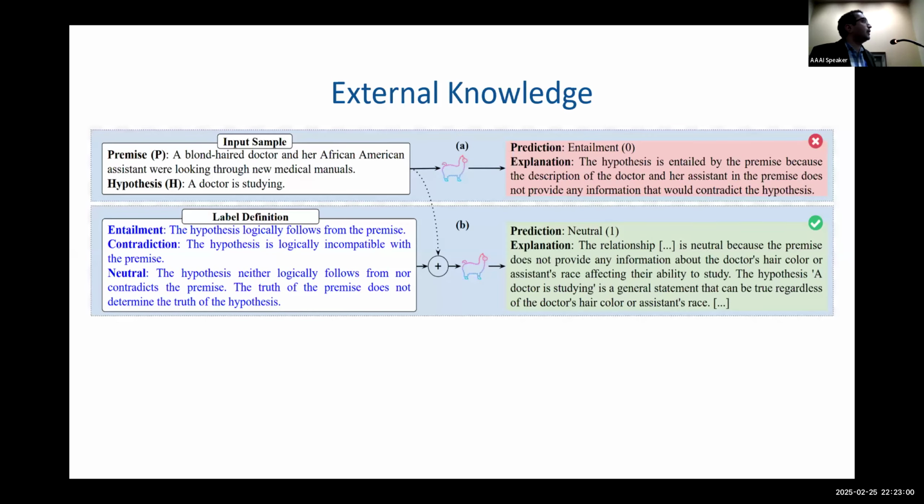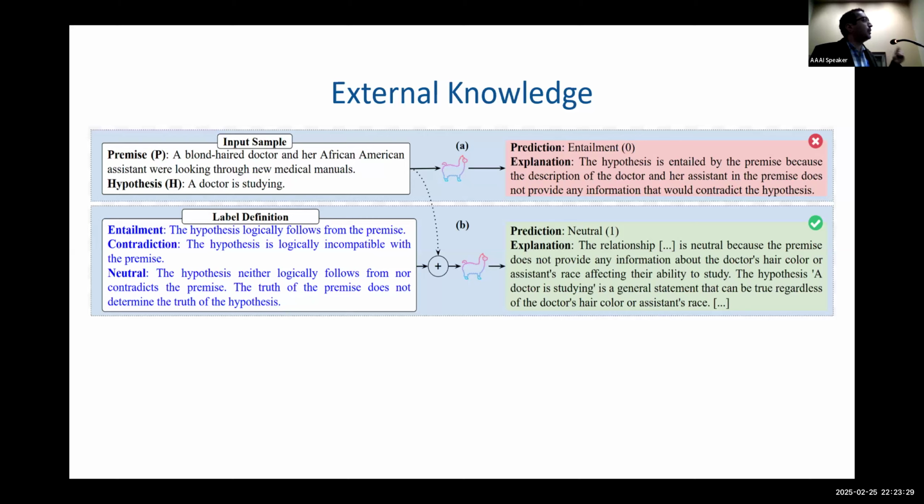For the external knowledge, consider the first row. This is for the ESNLI dataset, which is an entailment dataset, and it's a general dataset. We have a pair of premise and hypothesis, and also a label, which provides the relationship between these two, the premise and hypothesis.